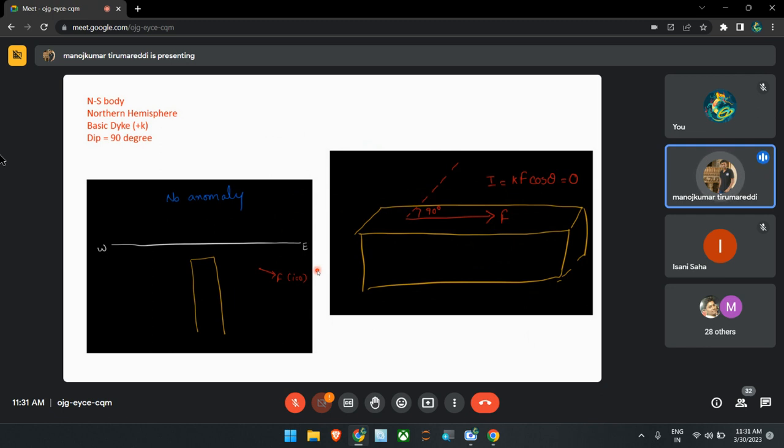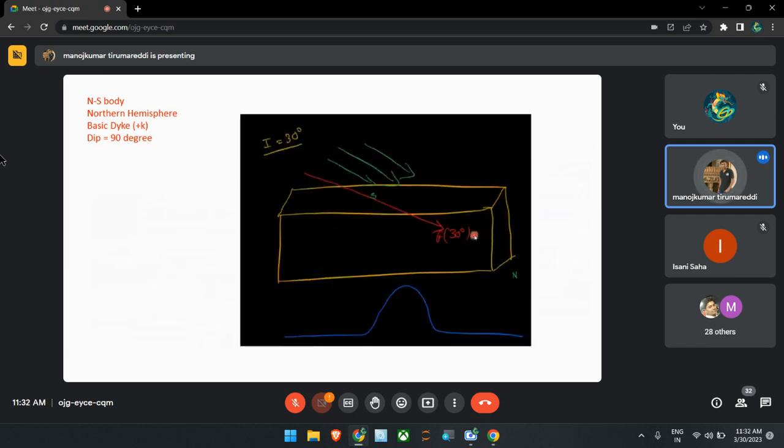If you go a little forward towards the north, away from I equal to 0 towards I equal to 90, there will be some flux cutting between the body and the primary field. Because of that, the south pole will be created on top of the dike and the north pole at the bottom.